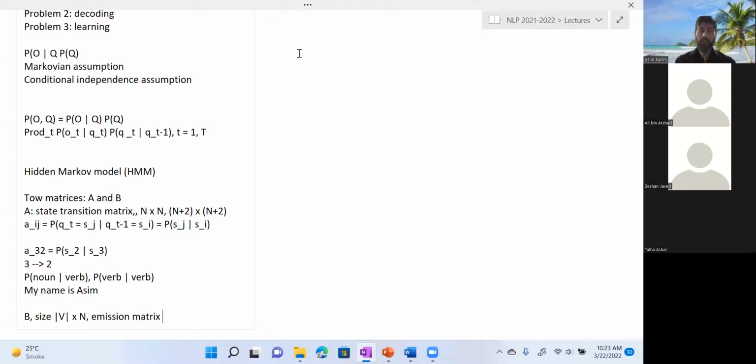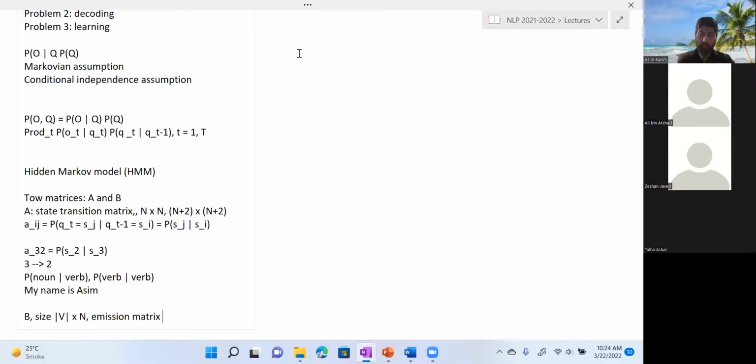These terms come from other applications, but you can think of it as the emission of a word given a possible state, a possible tag. How many rows does this matrix have? The number of possible words, V. And how many columns? The number of possible states.